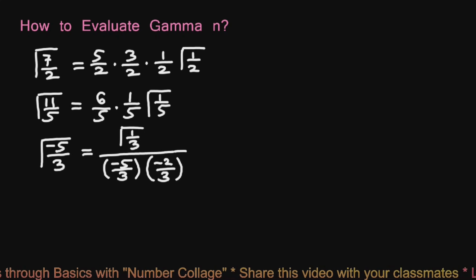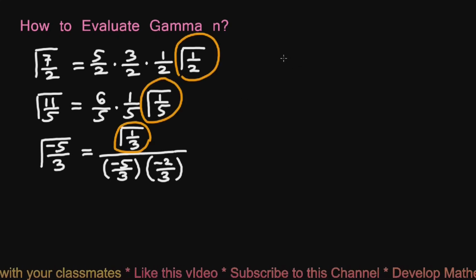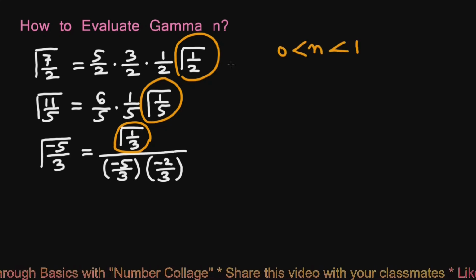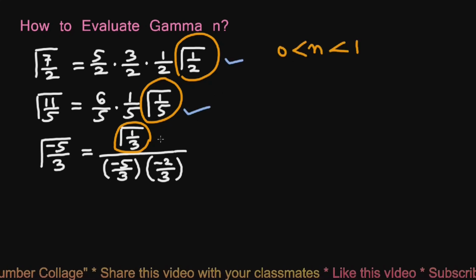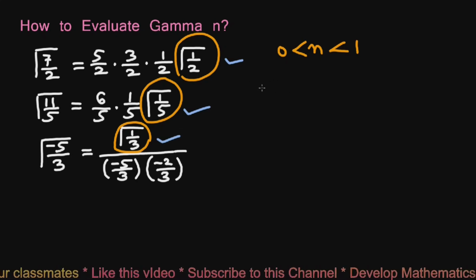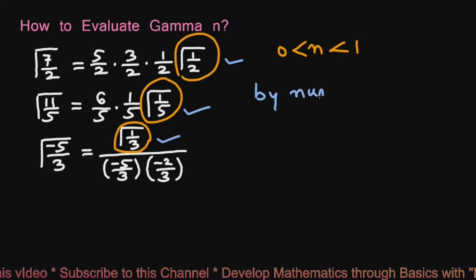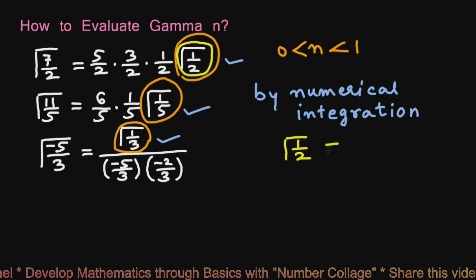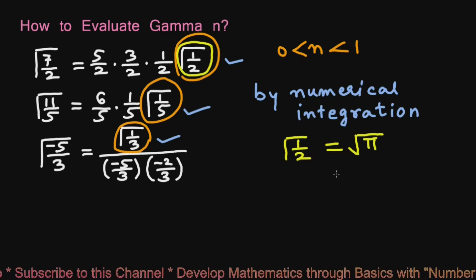We observe that there is gamma of proper fraction in the answer, which means n lies between 0 and 1, and these gamma functions need to be evaluated by numerical integration. Out of this gamma half works out to be root pi, about which we will learn later on.